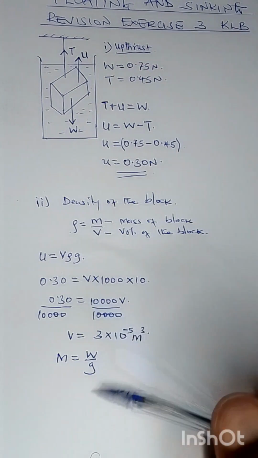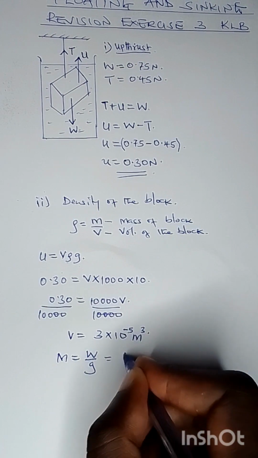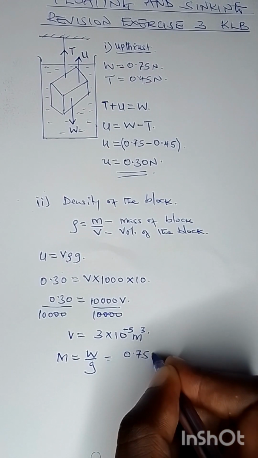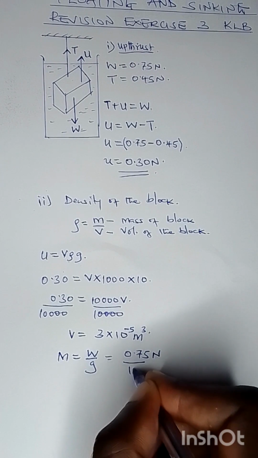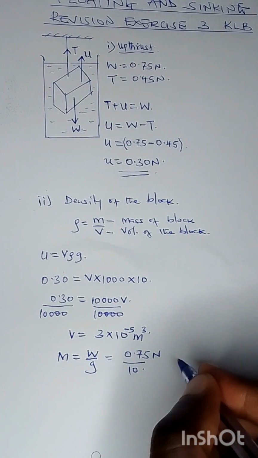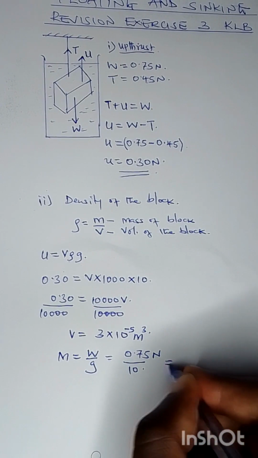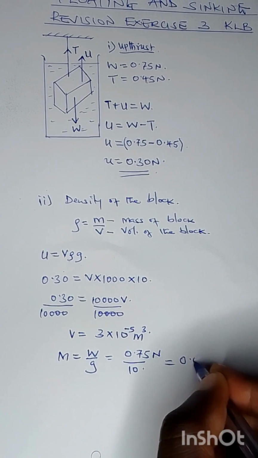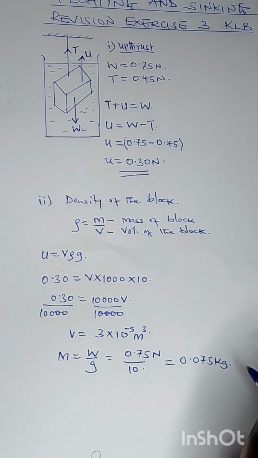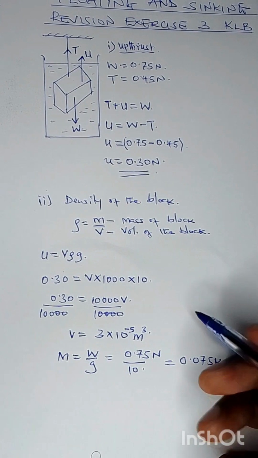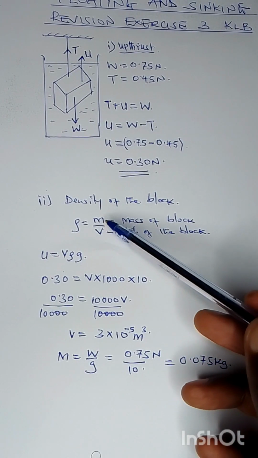So I say 0.75 newtons divided by g, which is 10, and my answer is 0.075 kg, that's kilogram.